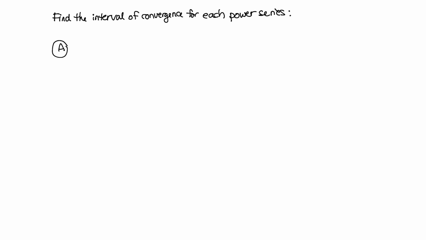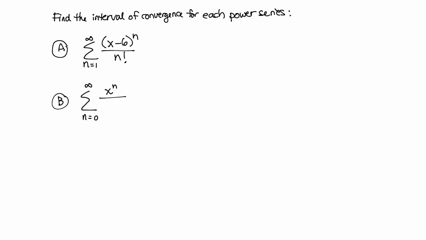So, first example, A. I want the series of (x minus 6) to the nth power over n factorial. The second one I want is going to be the series, n equals 0 to infinity of x to the n over (n plus 5) times 3 to the n.